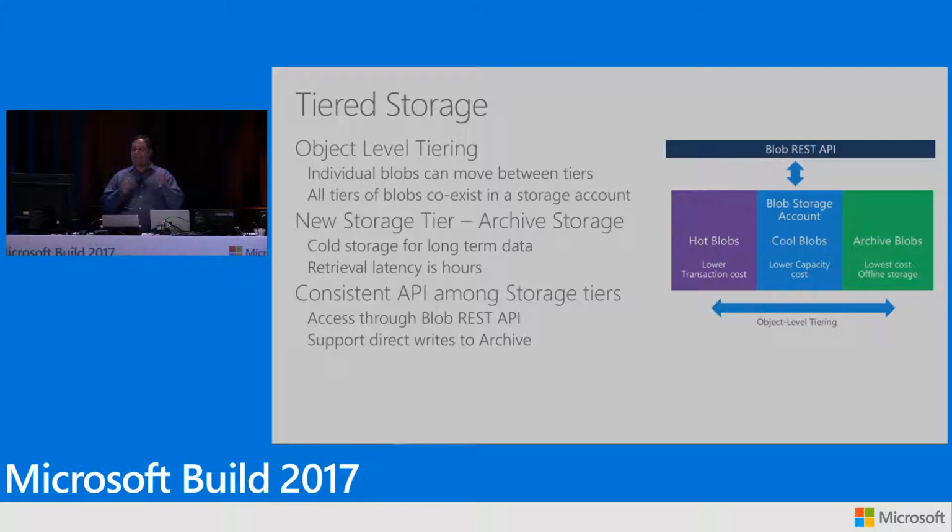So you will have an API that you can write directly to archive storage, but it is the standard Azure Storage API. You'll be able to hydrate data from archive into hot or cool. So you'll be able to mix that offline data with your online data. All the metadata for your offline data will be queryable. So you'll be able to know that your blob storage account contains a mix of hot, cool, and cold data.